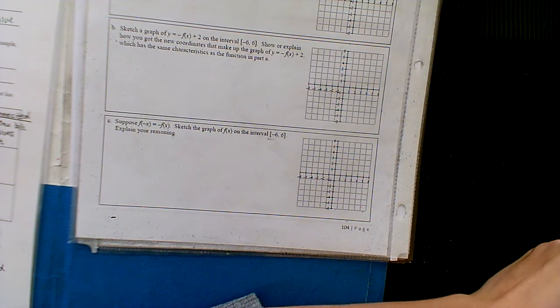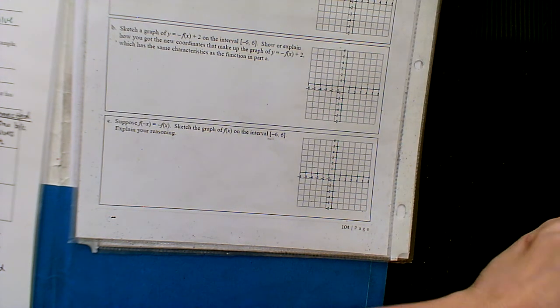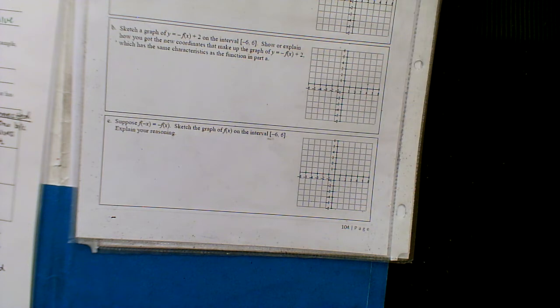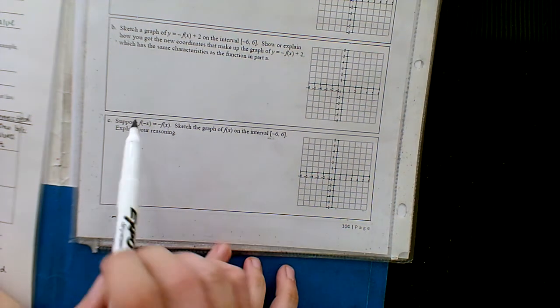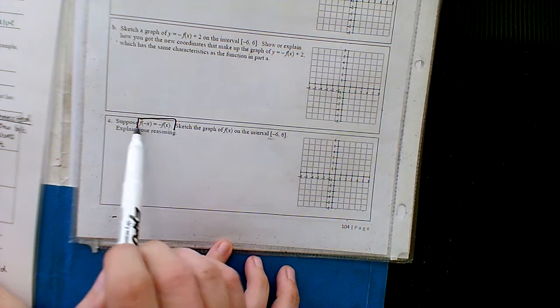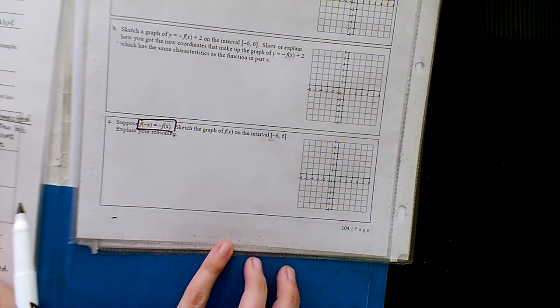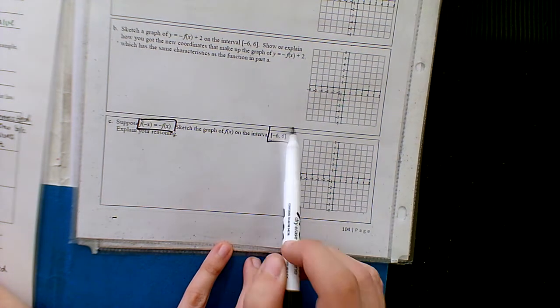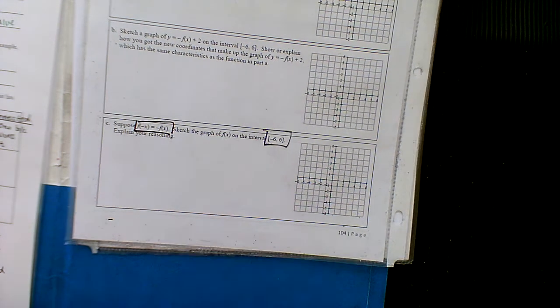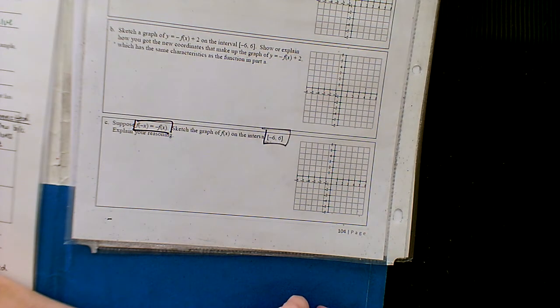Okay. Let's take a look at page 104. So we were looking at this graphical example, and we had a table at the top. Part C is asking us to determine if this function notation is true, what would the graph look like from beginning to end? Okay, -6 to +6.